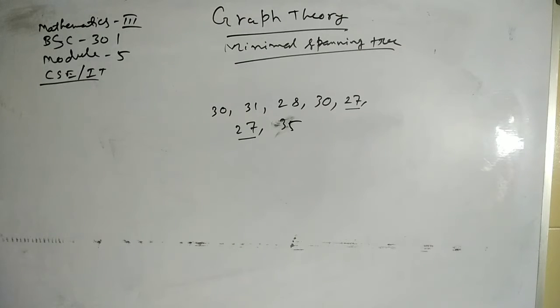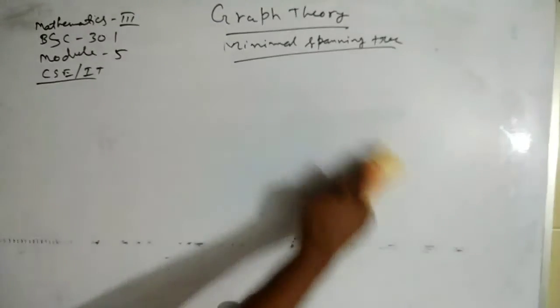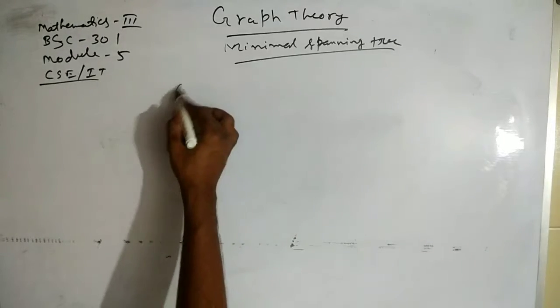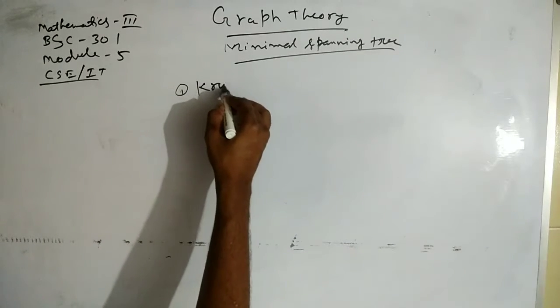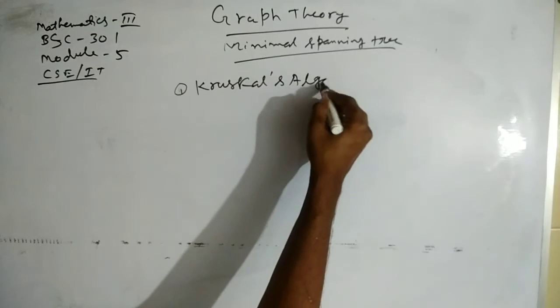Now, in our syllabus, there are 2 methods to find minimal spanning tree. One is Kruskal's algorithm and another is Prim's algorithm. Number 1 is Kruskal's algorithm.